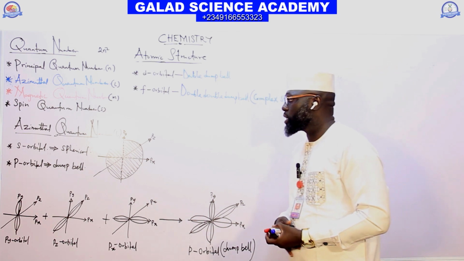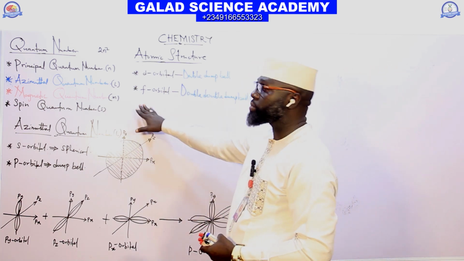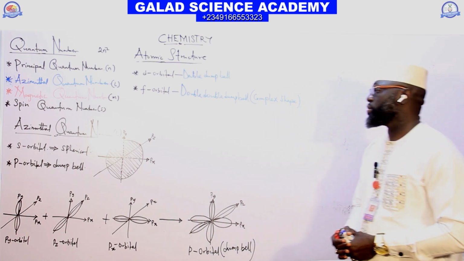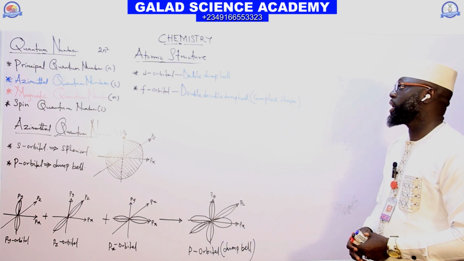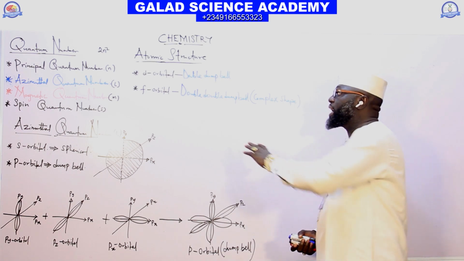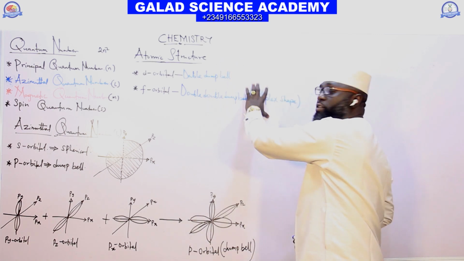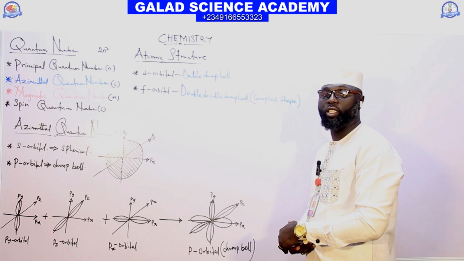That is the shape of f orbital. So the diagrams of d and f orbitals are not required in the syllabus.